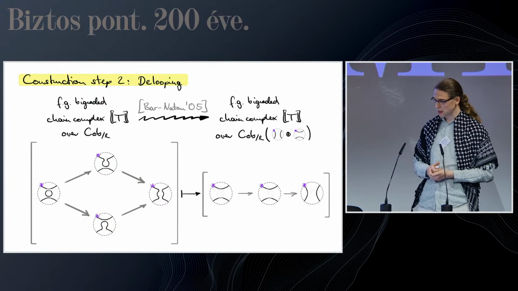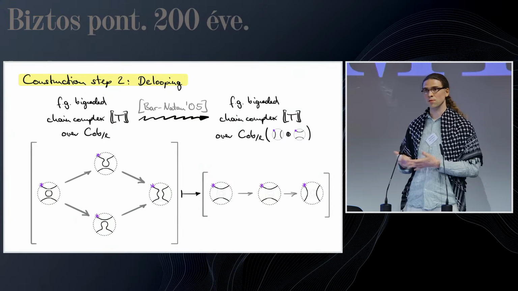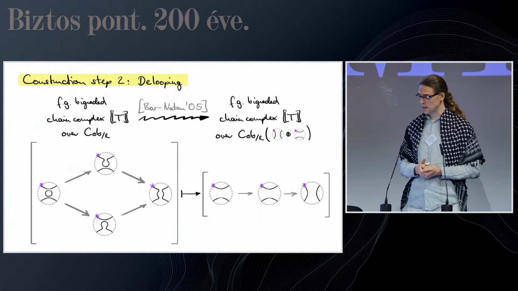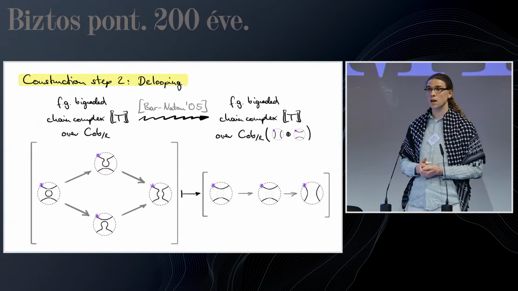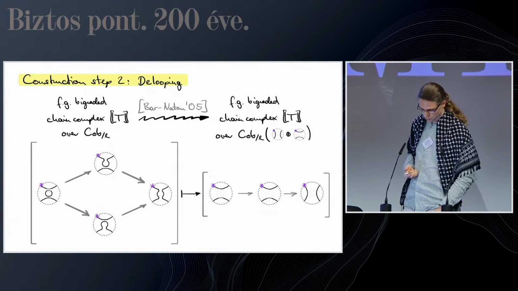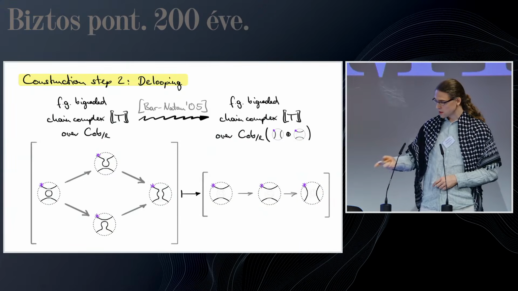He called that delooping, and in this particular example, you get this chain complex on the right-hand side. So now at the vertices of this labeled graph, we have crossingless tangles without closed components, and the edges are labeled by morphisms in this cobordism category.